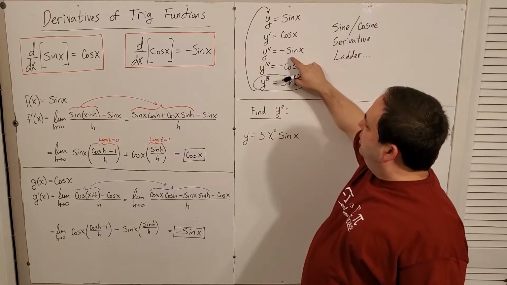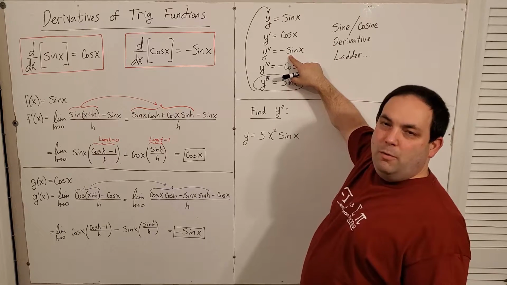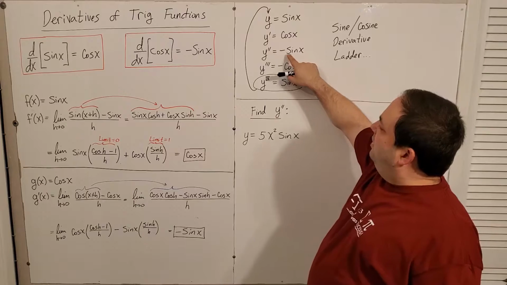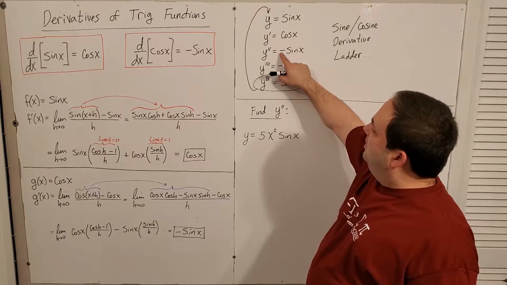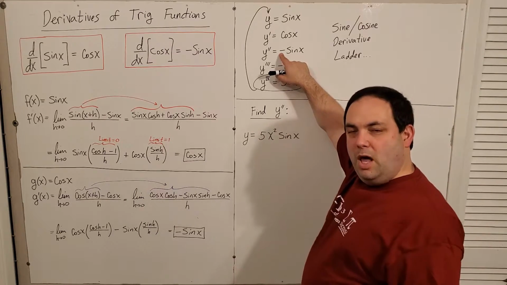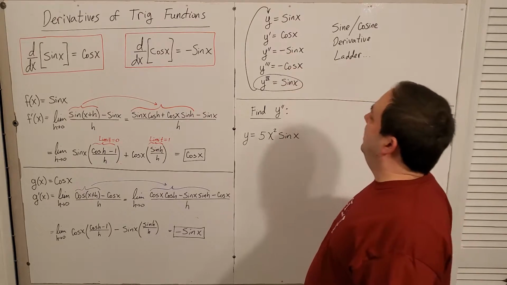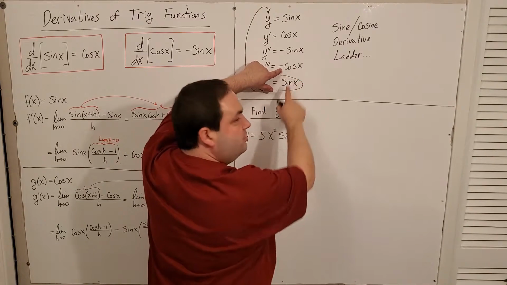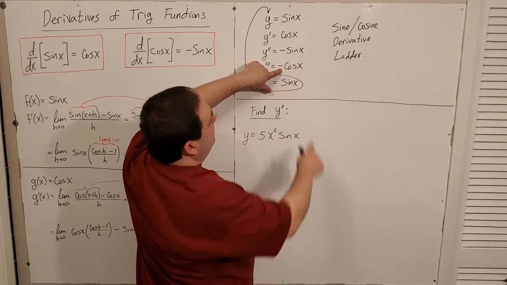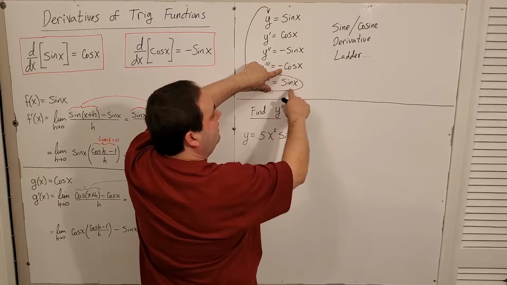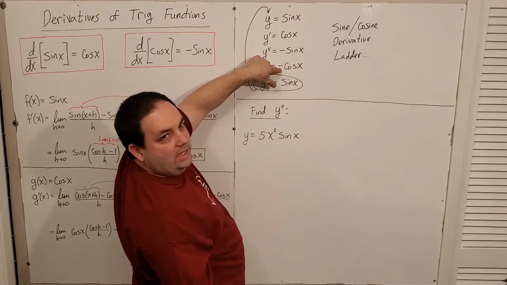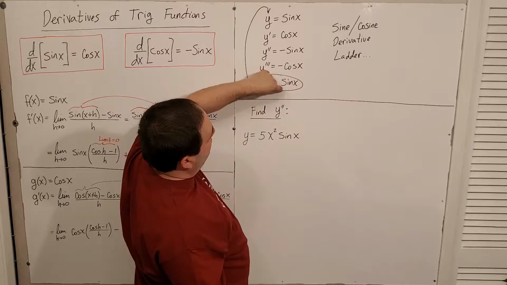But from here, if I were going to do a derivative again, remember that the derivative of sine is cosine, and the negative is just a multiplied number in front that's along for the ride. So the derivative of negative sine is negative cosine. But the derivative of cosine is negative sine, and I've already got a negative, so it would be negative negative, which is positive.